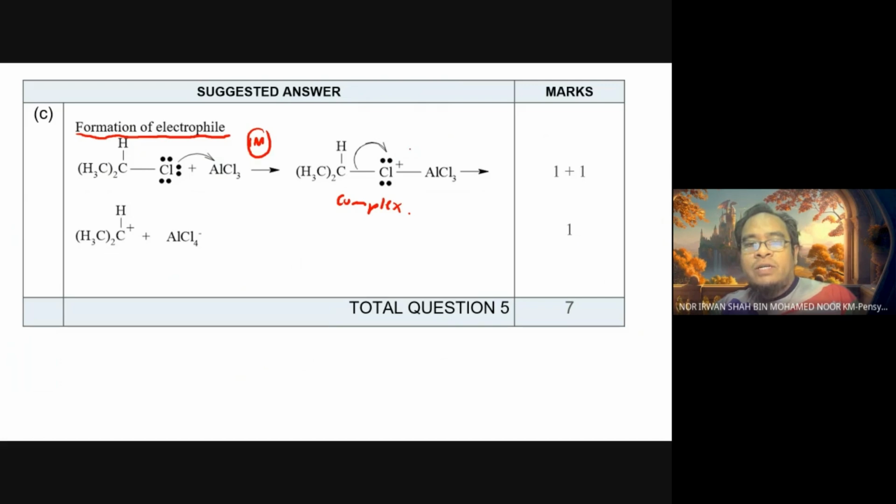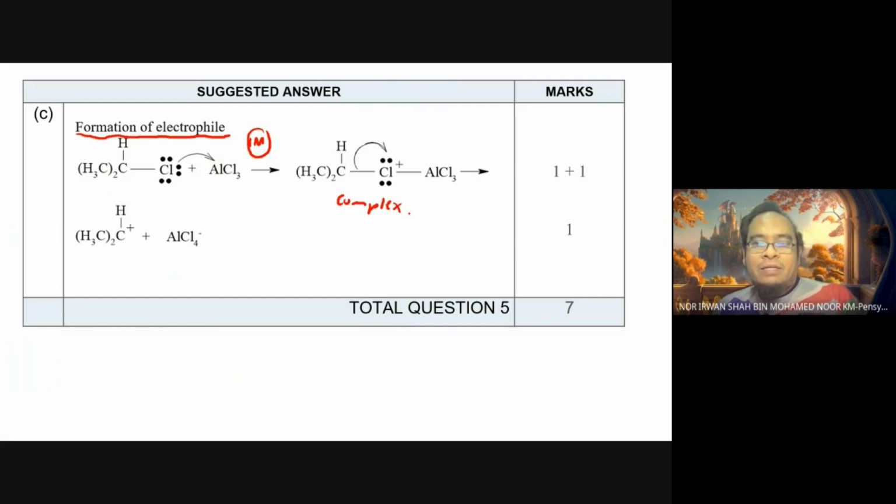Markah yang kedua, guys, ini. Apa berlaku dekat kompleks tu seterusnya? Dekat kompleks ni, dia akan mula putus untuk menghasilkan karbocation. Okay, dalam kes ini, kenapa kompleks tu putus? Sebab dia boleh menghasilkan karbocation yang stable.